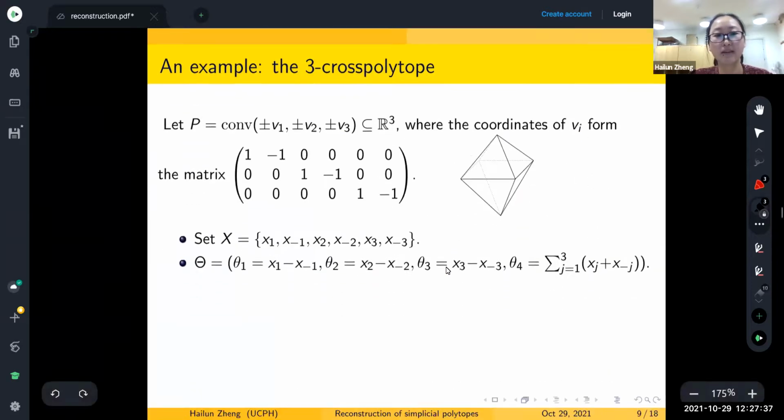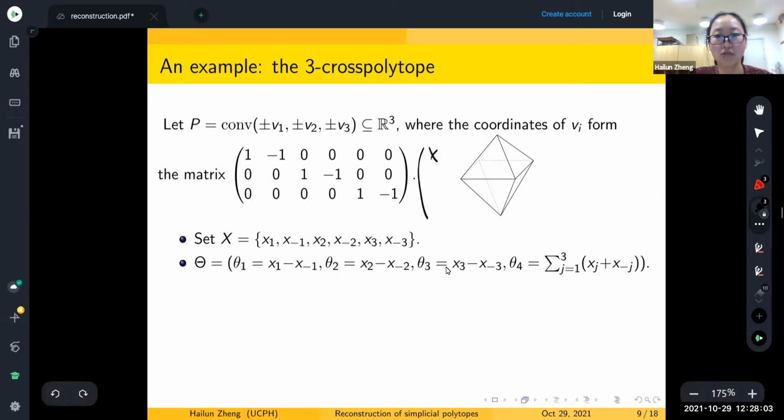And then the theta: remember that here d is 3, so I have theta 1 all the way to theta 4. As I have already mentioned, the last one has nothing to do with the realization of this polytope. It is always the sum of all the variables, which is x1 plus x minus 1, etc. But the other ones have a lot to do with the realization.